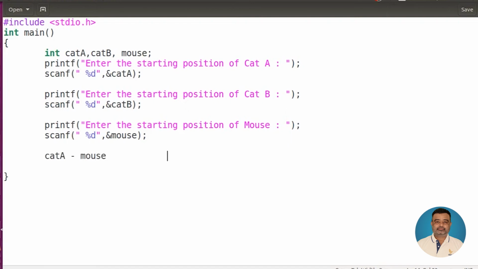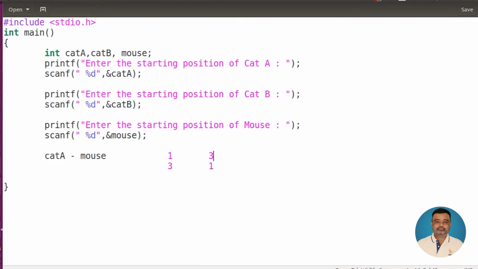If you look into the examples, assume cat A was at position 1 and the mouse was at position 3. This is my cat A and the mouse, and assume the reverse: cat A is at position 3 and the mouse is at position 1.